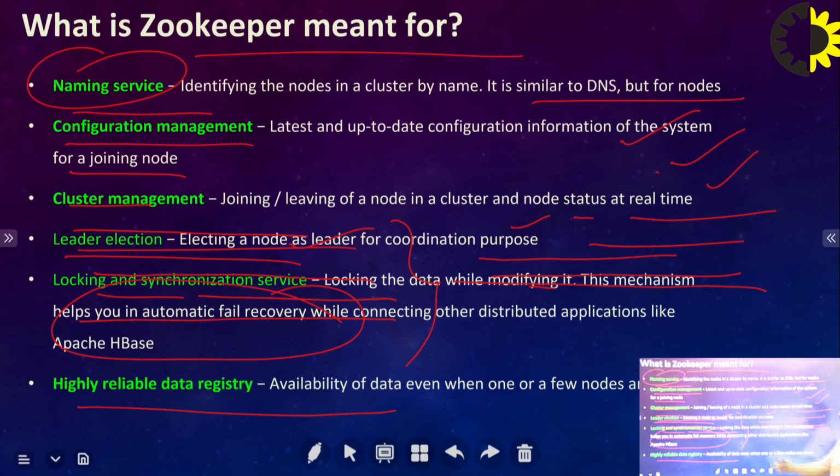Next, configuration management: the latest, up-to-date configuration information of the system.